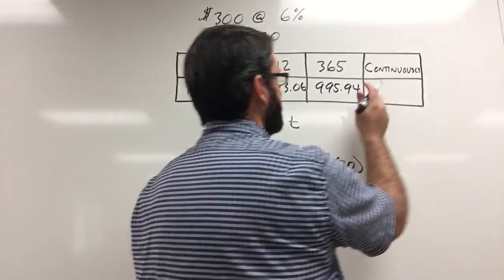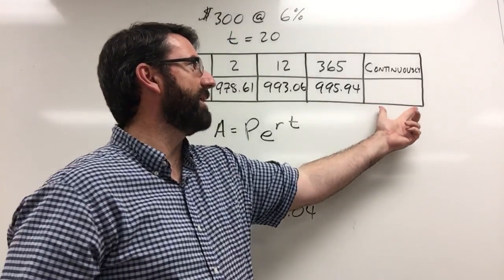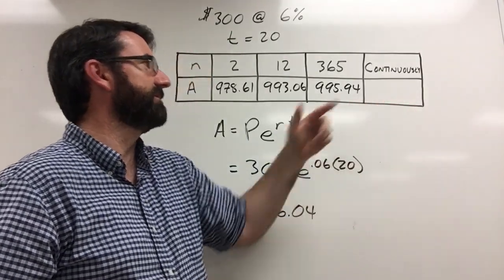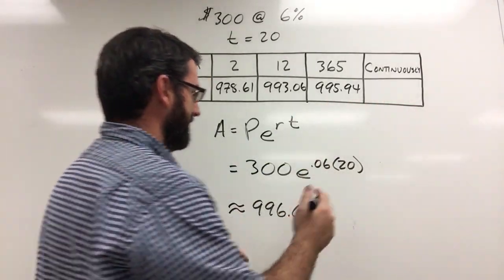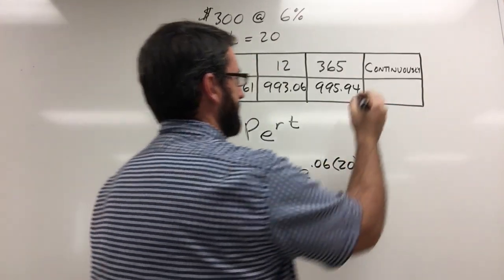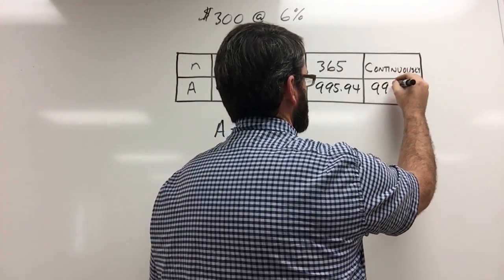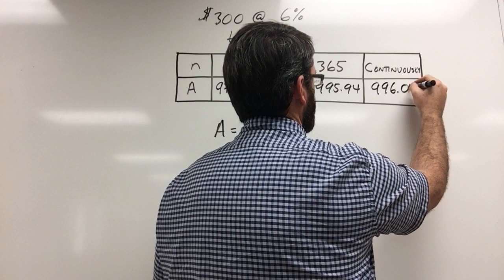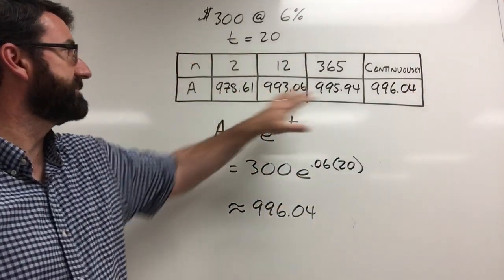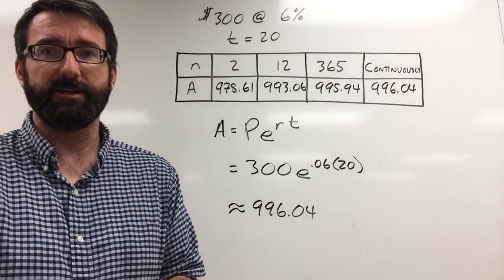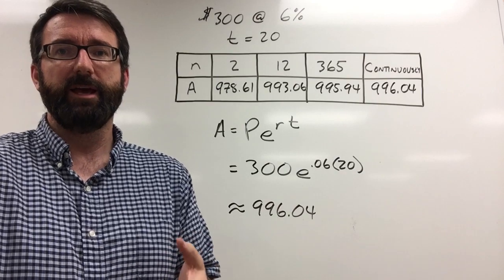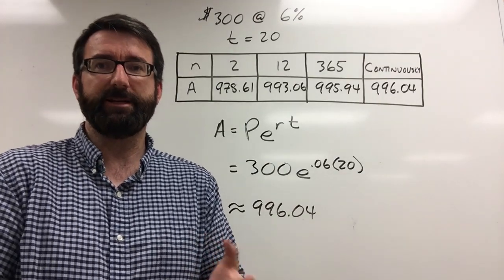So notice we haven't gained a lot by compounding it continuously versus daily. It's just an extra 10 cents. All right, so that's the full answer with semi-annually, monthly, daily, and compounded continuously.